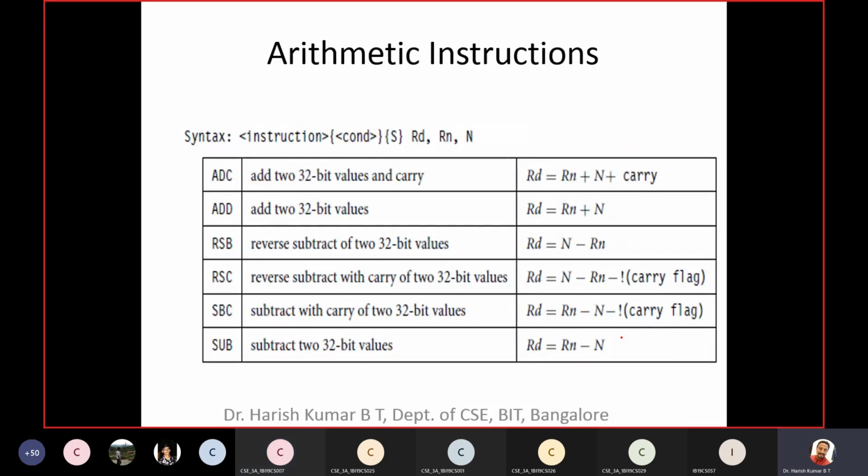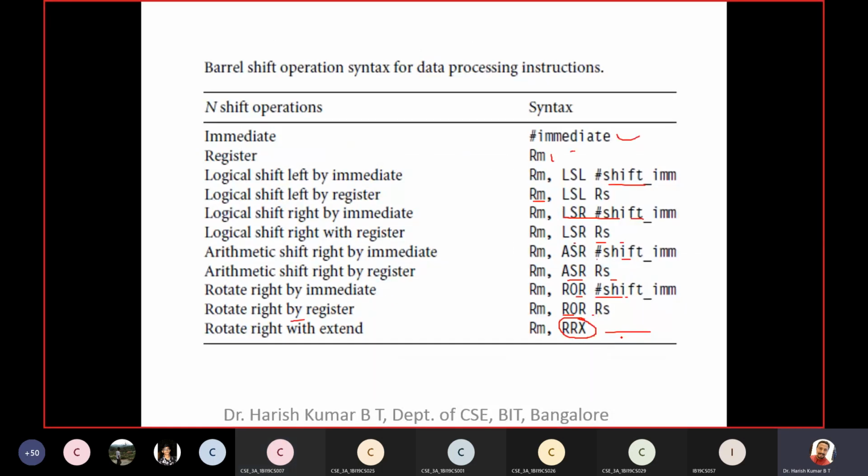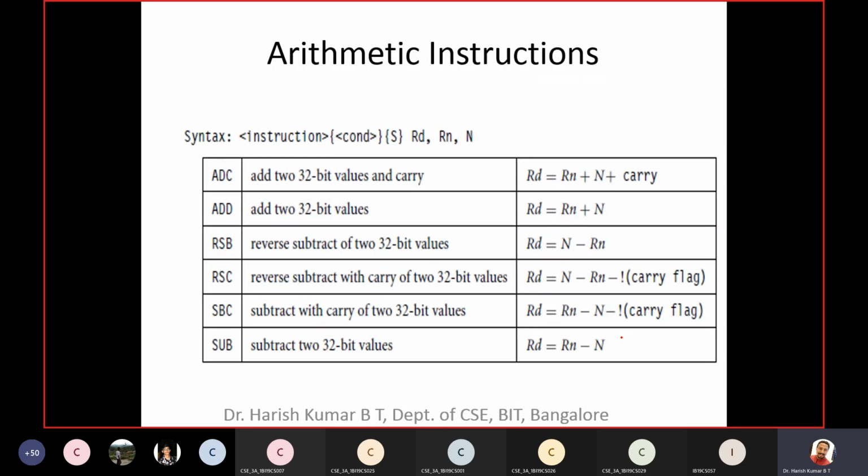Now arithmetic instructions. Till here we had a detailed discussion on the move instruction. Next are the arithmetic instructions, whose syntax is the same as the move instruction up to a point, but move took one destination register and an n. An arithmetic instruction has a destination register, a first source register and an n.